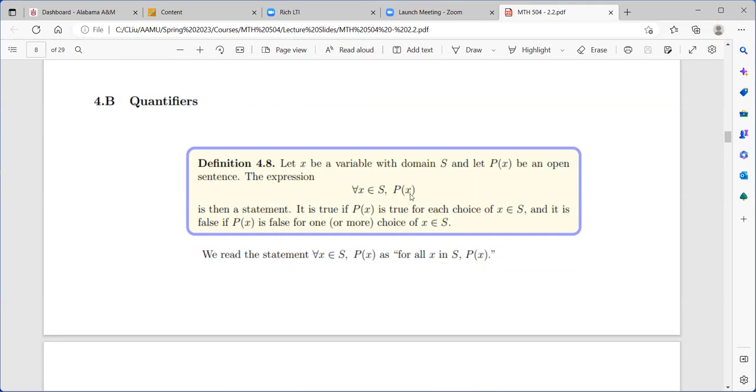To determine whether this statement is true or not, you have to check for any value of x in S whether P is true or not. If that's the case, then the statement is true. If there's one value of x making P false, then this statement is false.